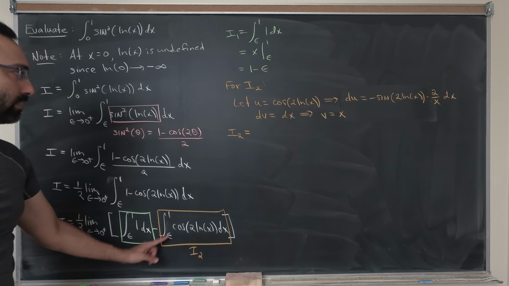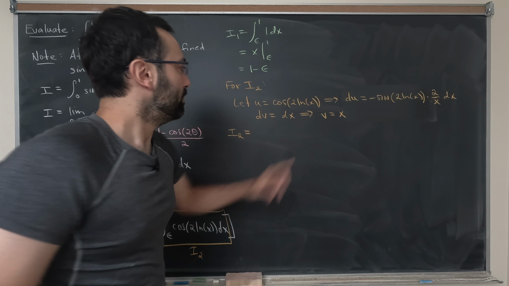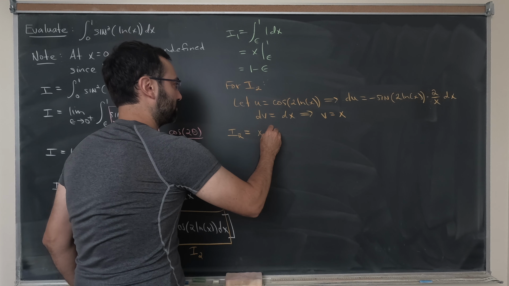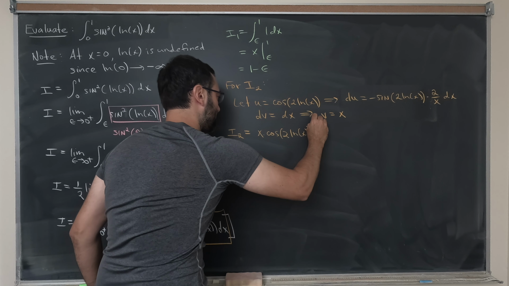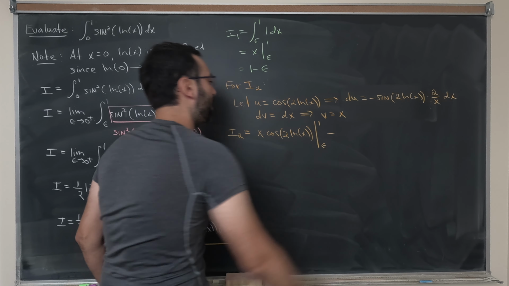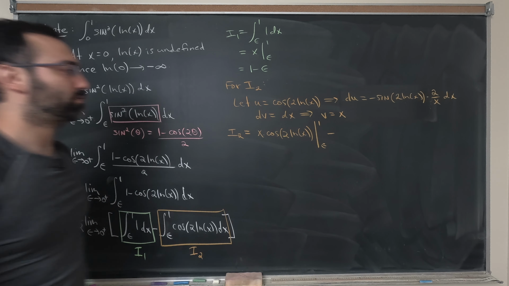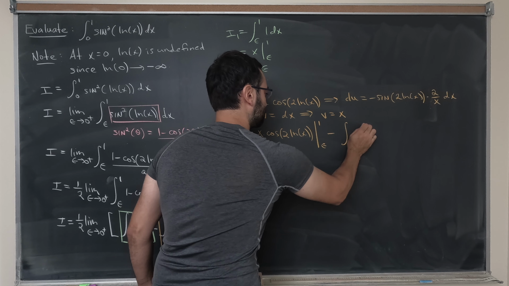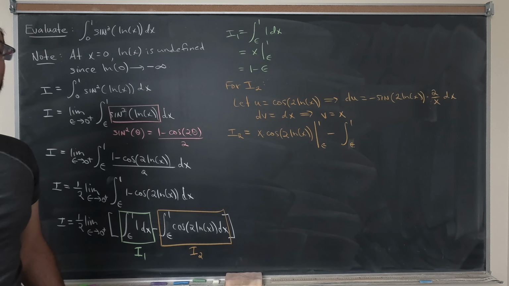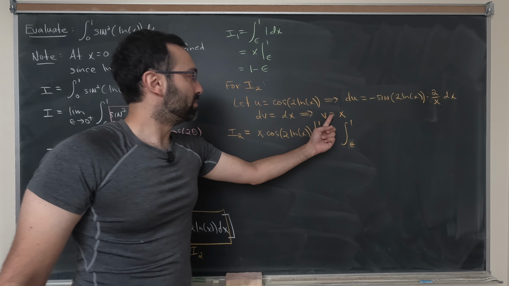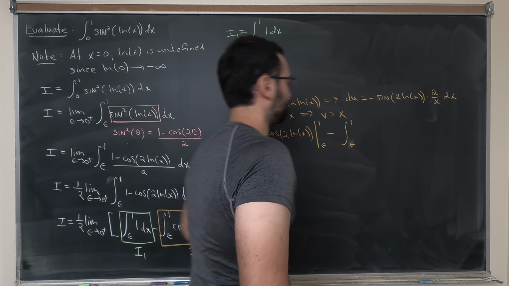So I2 then is nothing but uv evaluated from epsilon to 1 minus the integral from epsilon to 1 of v du. So we have this times all of this.